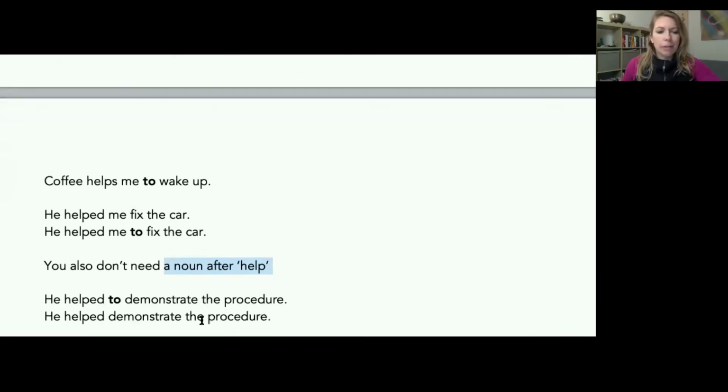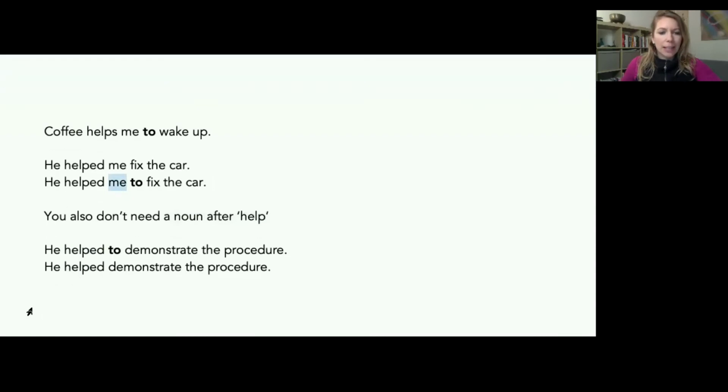He helped demonstrate the procedure. So in this case, he's not really causing someone to do something. In this sense, it's not acting like a causative verb. But I just put this in here to let you know that you can use help without the pronoun or noun right after it. You're just not in the causative sense, right?